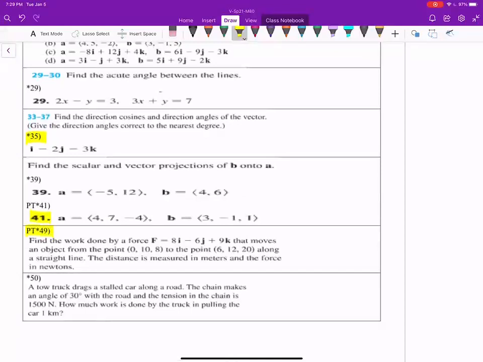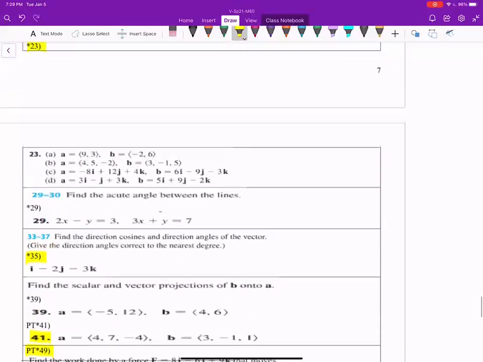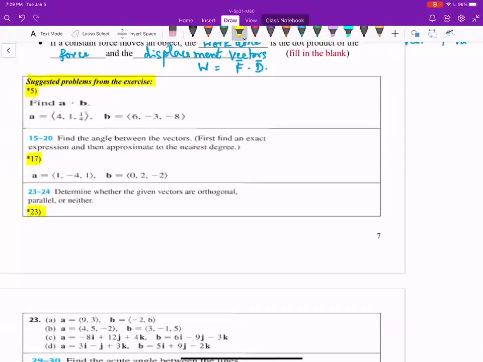All these are done in the section videos for this particular section 12.3. So refer to the videos of this section for the rest of the problems. There will also be the homework questions, so it will be very helpful to do the homework questions. So make sure to watch those videos from section 12.3.